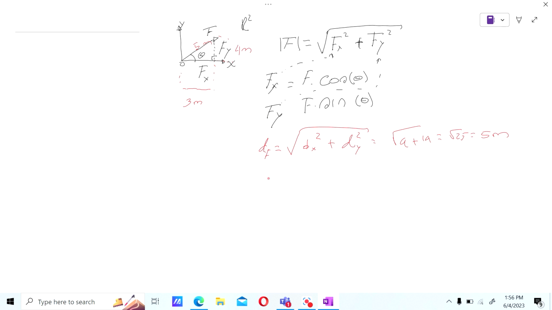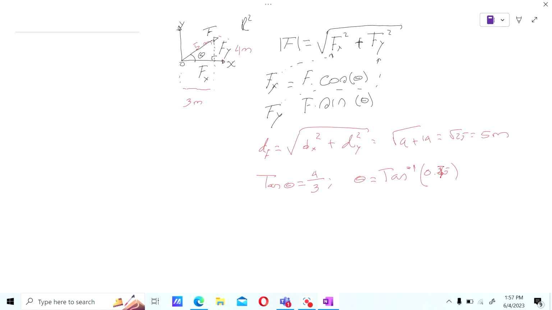We can use cosine, we can use sine, or we can use tangent of theta equals y over x, 4 meters divided by 3 meters, and then theta equals tangent inverse of 4/3.